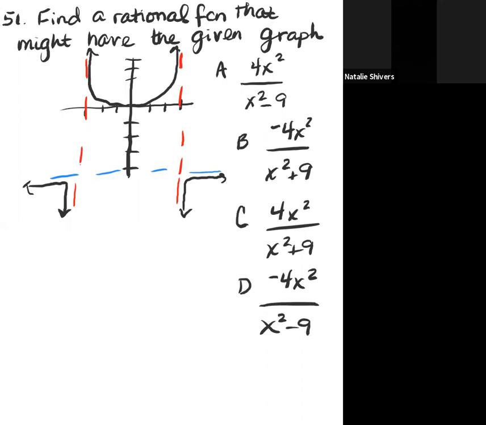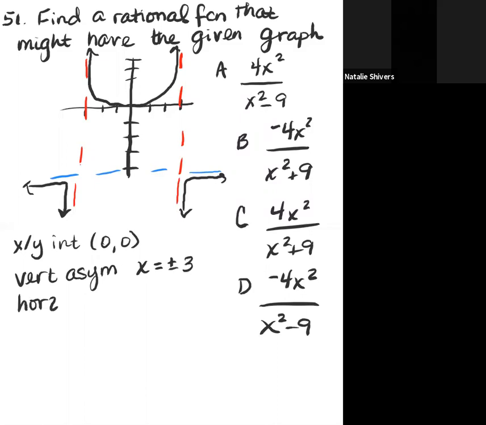Okay, a couple things off the bat. We have an x and y intercept at (0, 0). And we have vertical asymptotes at plus or minus 3 and a horizontal asymptote at y equals negative 4.